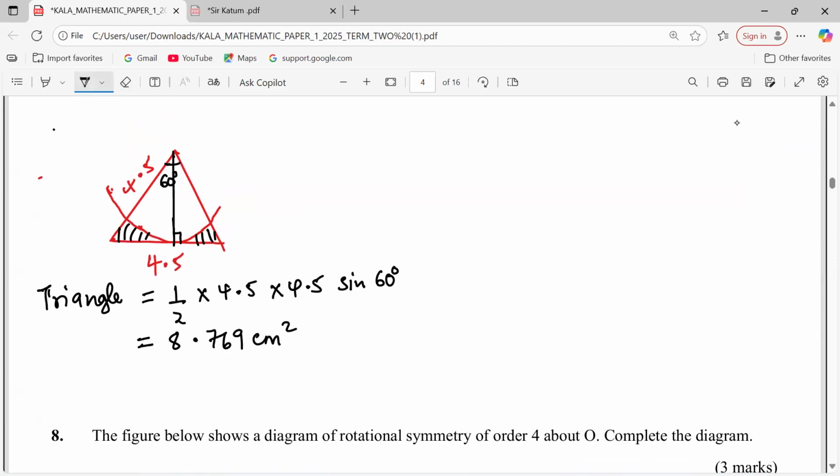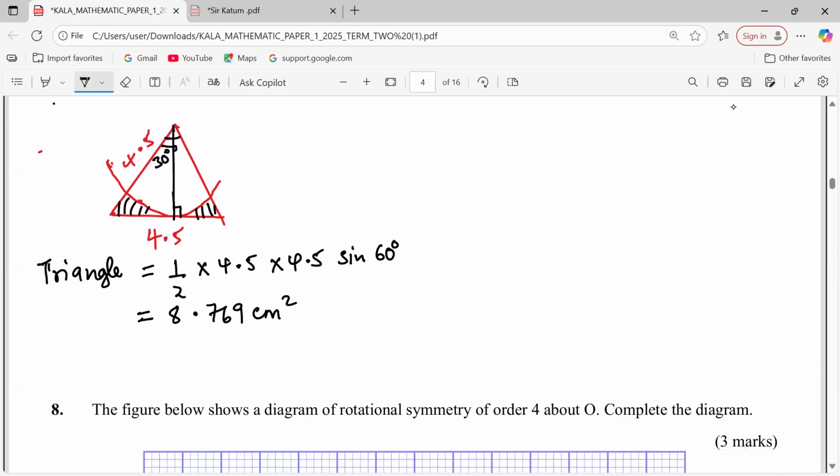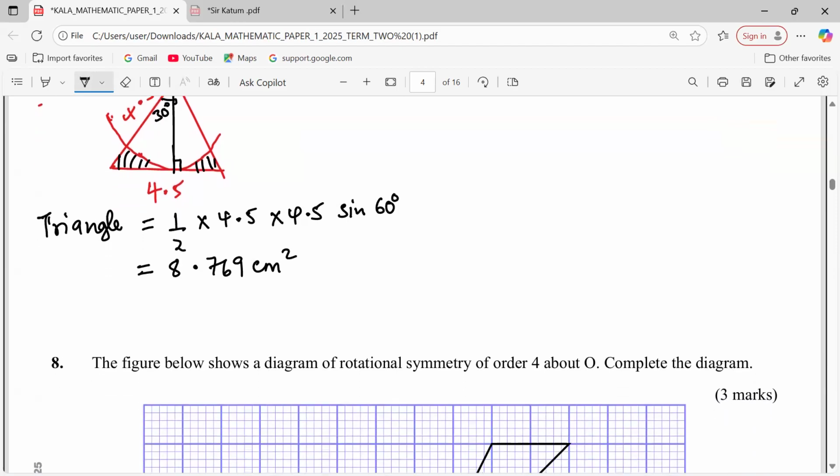Remember, after subdividing there, the 60 now becomes 30. So we have 30 and we have 4.5. So we can use what we call cosine. The cosine of 30 degrees will be equal to the adjacent length that we don't know, the height, out of the hypotenuse 4.5.